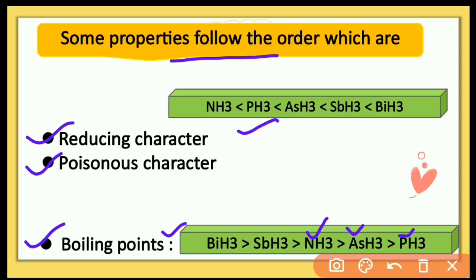Bismuth hydride has the highest boiling point due to larger atomic size, then antimony hydride, then NH3, then arsenic trihydride, and then phosphine has the least boiling point. So only the boiling point order differs from all the other orders of the hydrides.